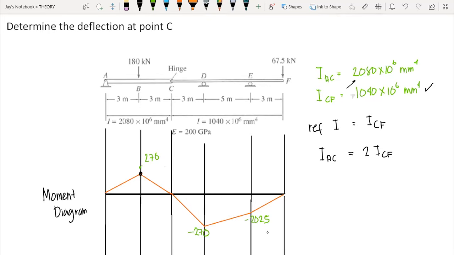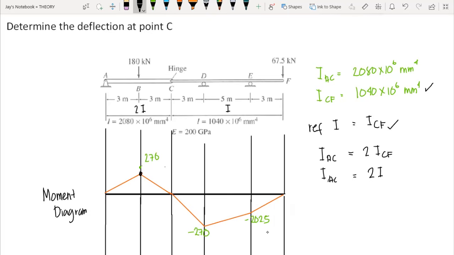So therefore, the moment of inertia of member AC is equal to twice the reference moment of inertia, and C to F is the reference moment of inertia itself. So therefore, we have 2I and I. Again, we set ICF here as our I.